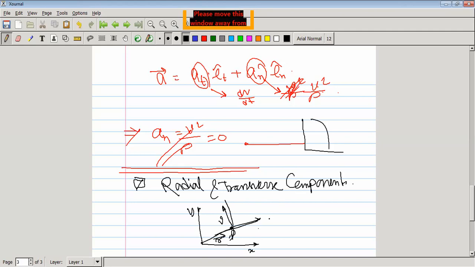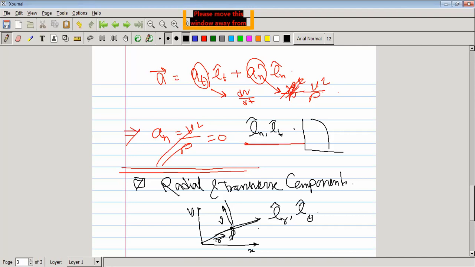In the previous one we have two components, en normal unit vector and the tangential et. Here it is radial er and transverse e theta.